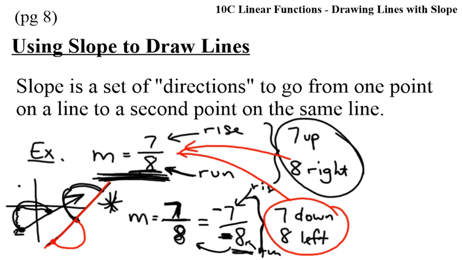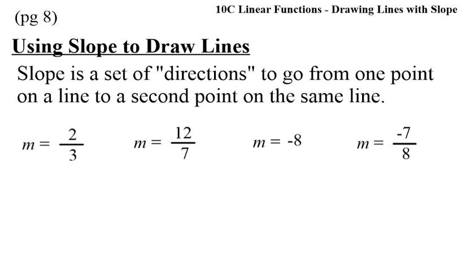So understand a slope, because it's telling you vertical movement and horizontal movement, it's giving you directions from point to point. So if we take a look at page 8 and those 4 slopes, what kind of directions is this giving us?